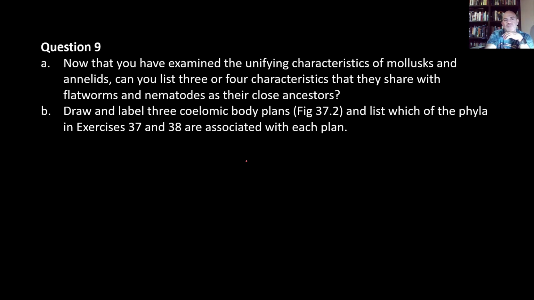And then there's a final question, two parts, where you're going to want to look at the overall big picture associated with the labs you've done so far. You did lab 37, the prior lab, which was on flatworms and roundworms, and then lab 38. There was a prior video that covered the mollusks, the phylum Mollusca, which is the clams and the octopus, and then this lab covered the annelids as well.